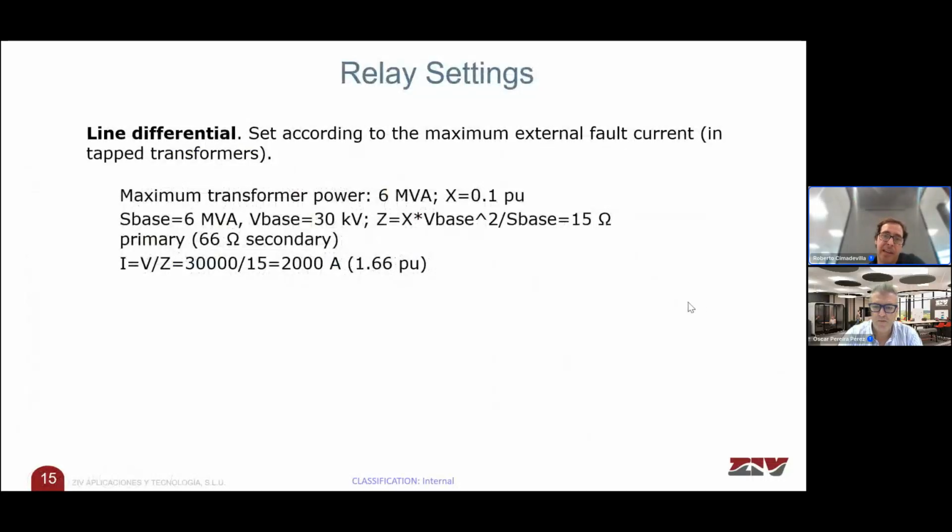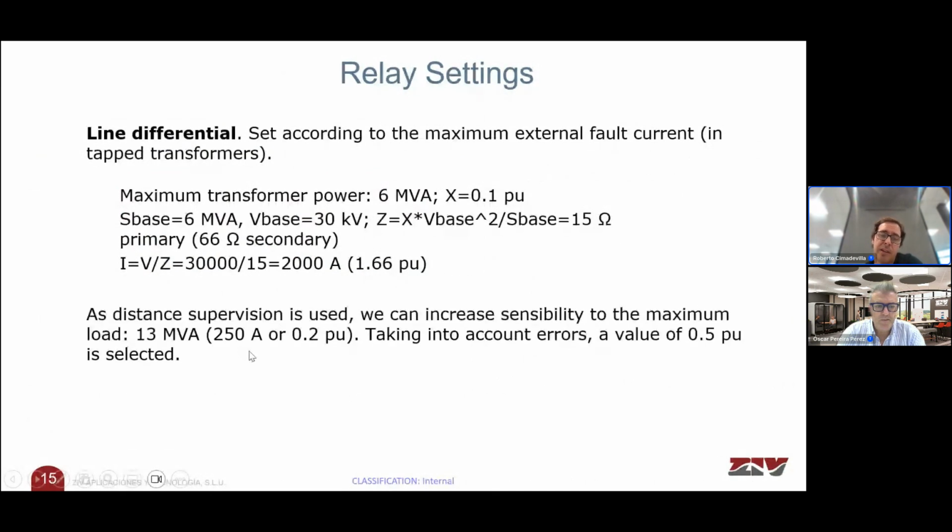These are the relay settings. We could set the line differential according to the maximum external fault current, and this will be calculated with this formula, considering the minimum transformer impedance, that will be 2000 amps, which is 1.66 per unit.